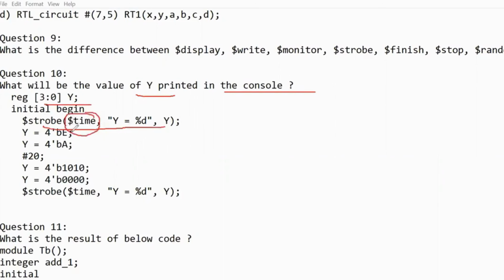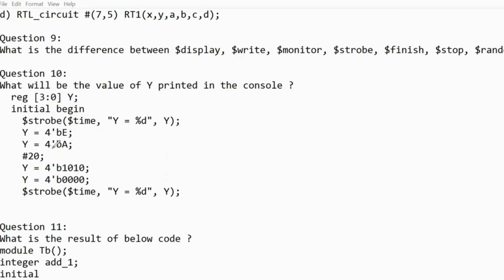It is also a system task to print the delays, to print the time. y is equal to something we are printing here. After that, we took two statements: #20 y equals something, and again y equals something. We took this $strobe. So what will be the output here? Which statements will be printed?